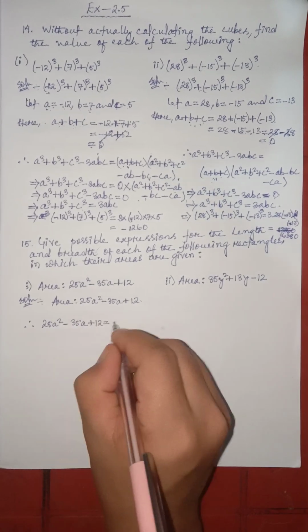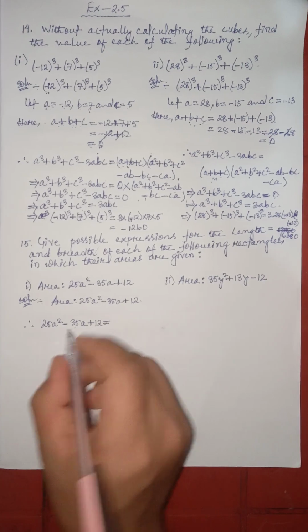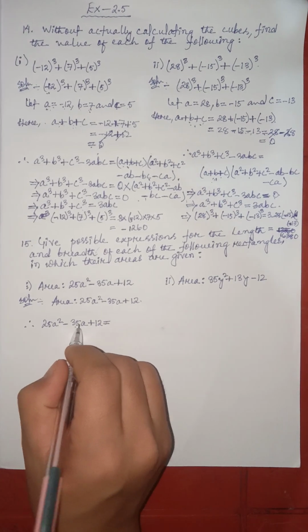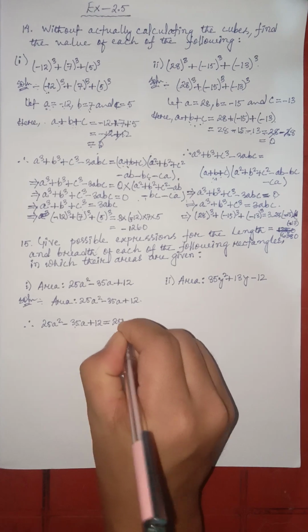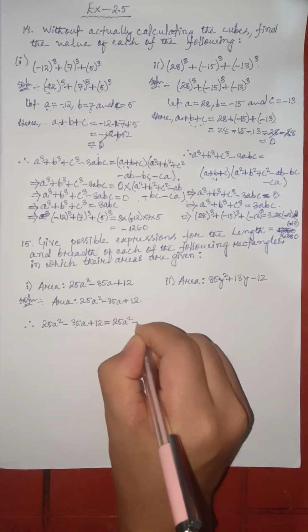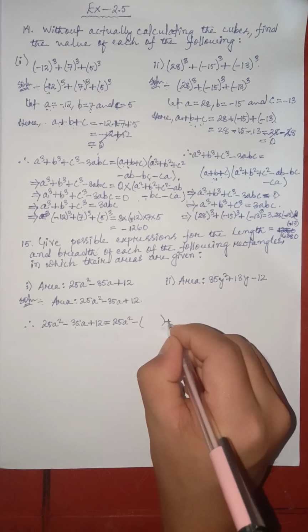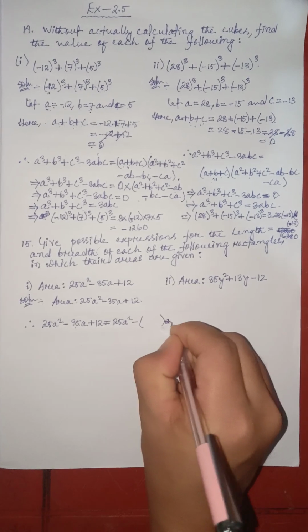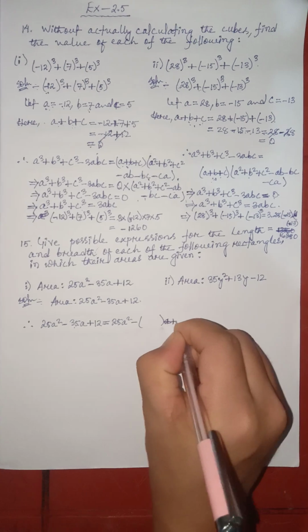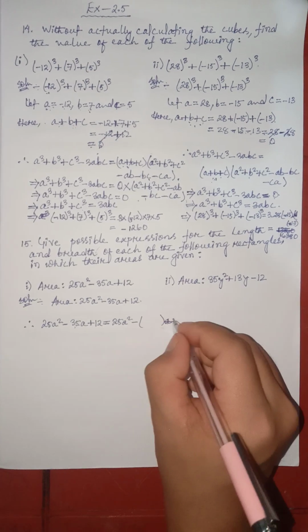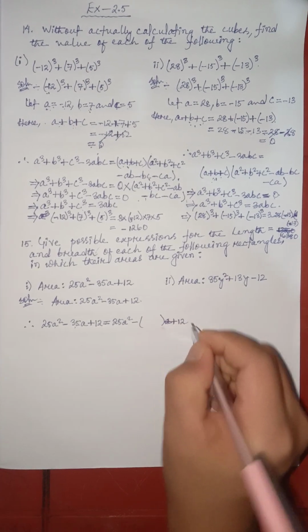Now the thing that we'll do here is to split it. First, in order to split this, there is a rule for this. What is that? It is 12, right?